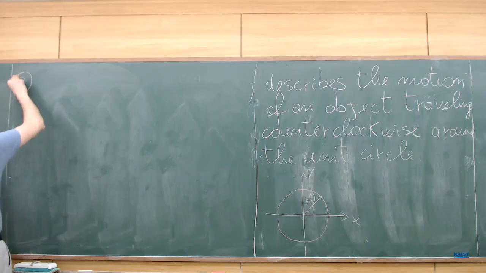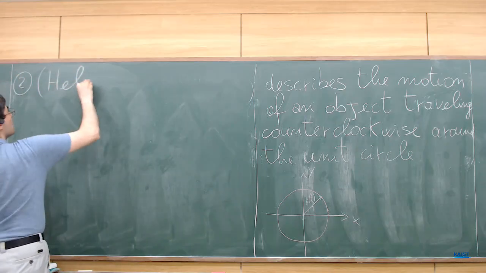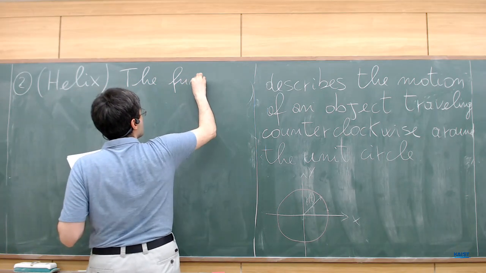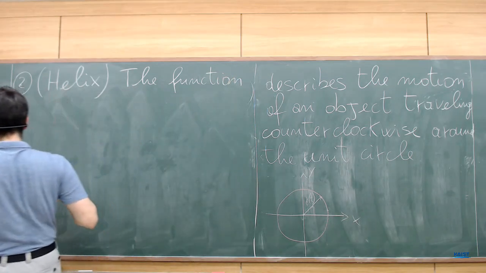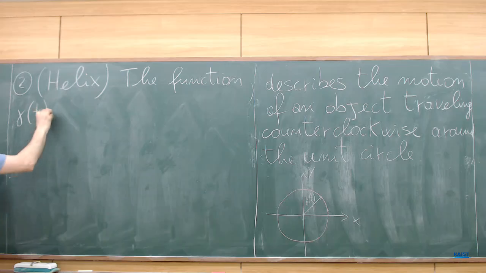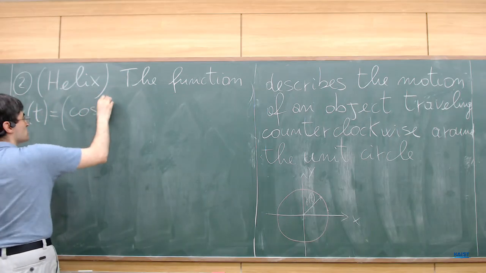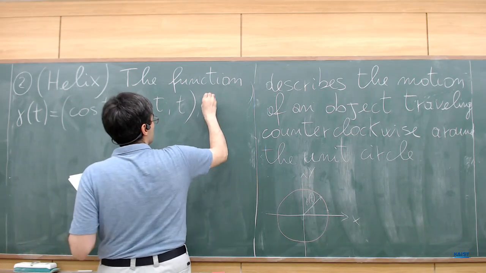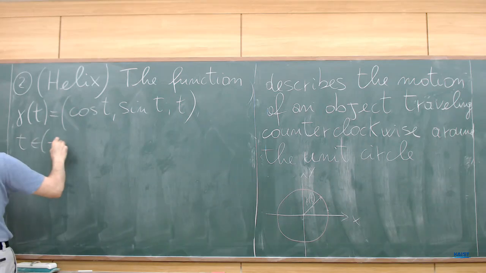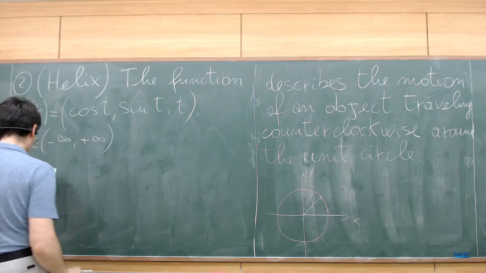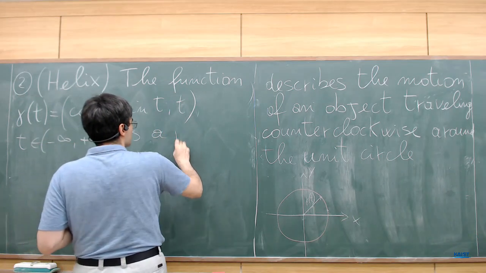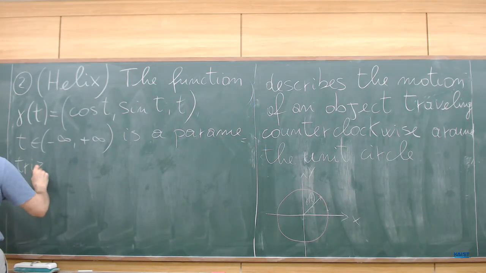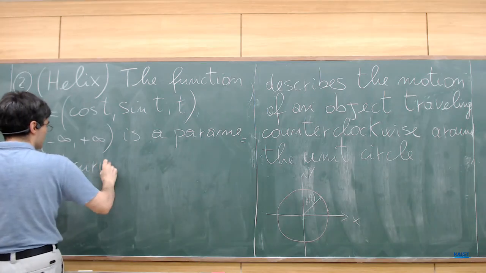The second example is the one of the helix. So the function gamma t equal to cosinus of t, sinus of t, t, with t once again in minus infinity plus infinity, is a parametrized curve, this time in R3.